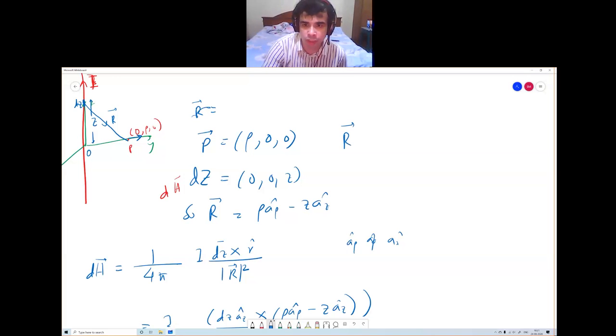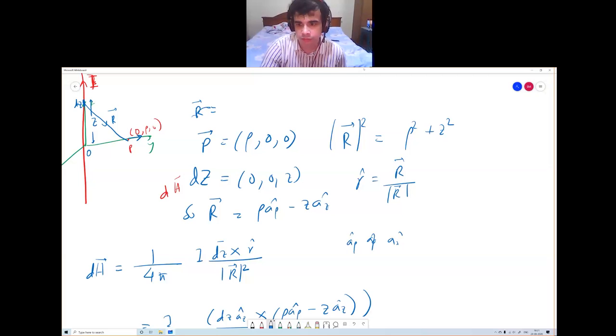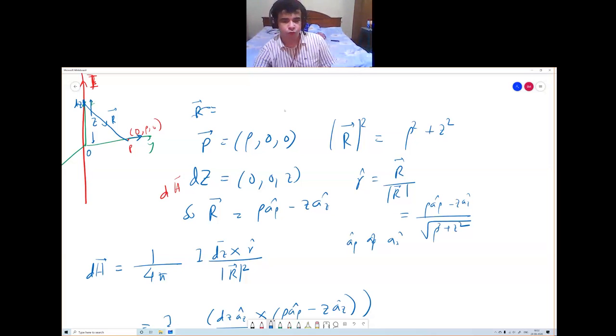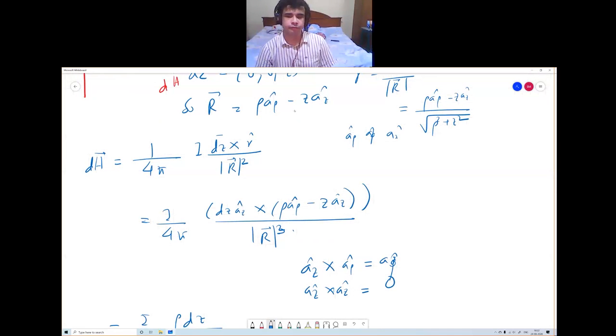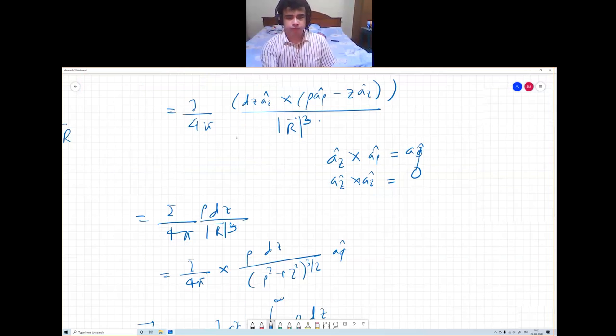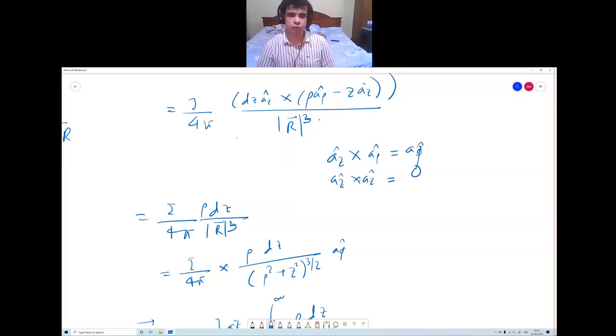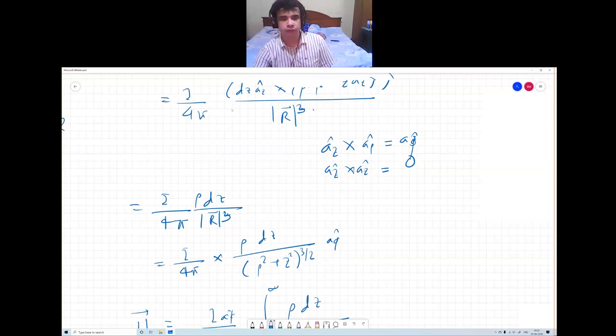So what is mod r square? Rho square plus z square. And what is r hat? That is r by mod r, that is rho a rho minus z az over square root of rho square plus z square. So we just put this here and use the result that az cross a rho is a phi, az cross az is 0. Now we carry on. So only phi component will be there, and we have just integrated the answer.